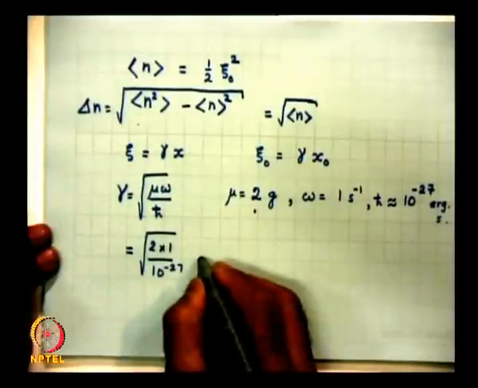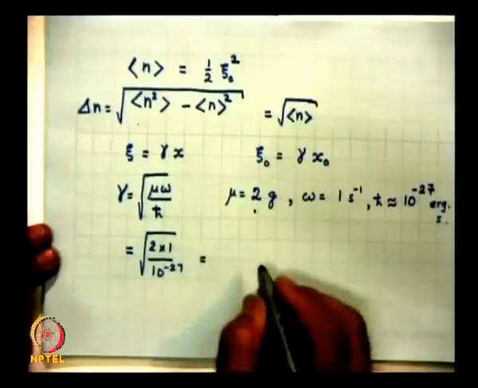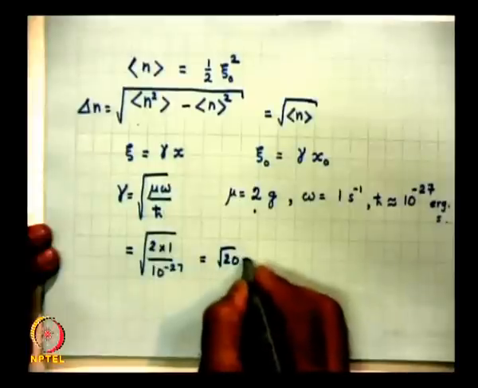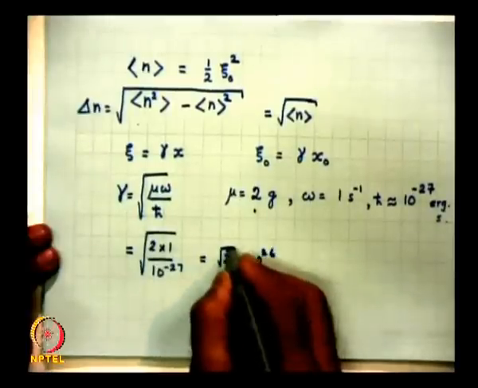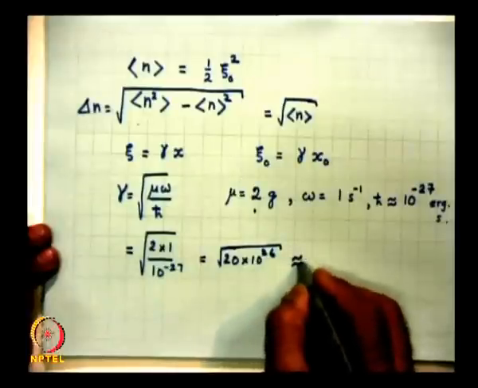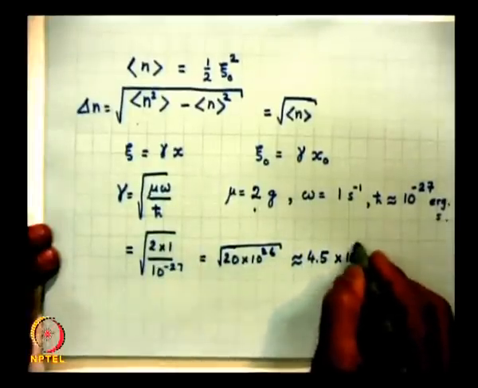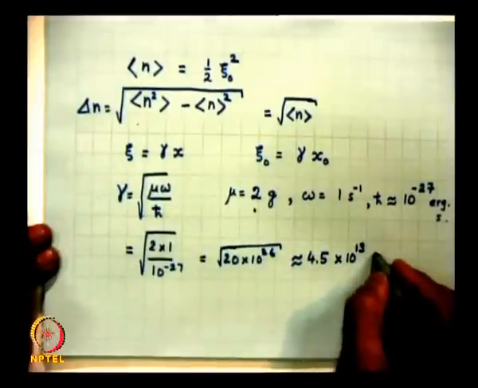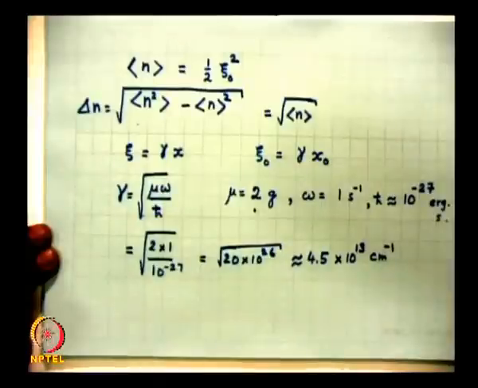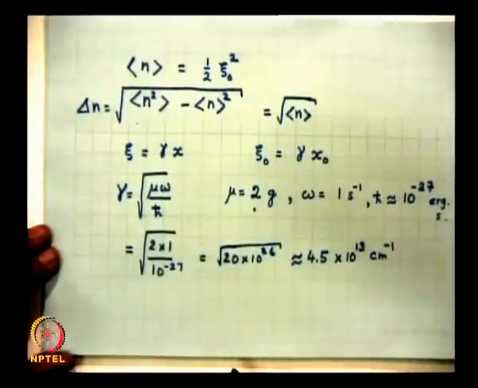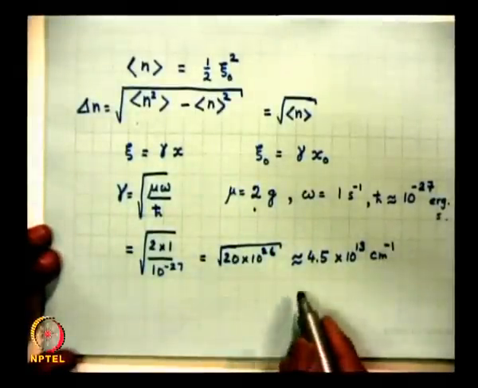So, this will be 2 into 10 to the power of 27. So, under root of 20 into 10 to the power of 26. So, this is about 4.5 into 10 to the power of 13 centimeter inverse, sorry. So, you see the value of xi naught is very large.